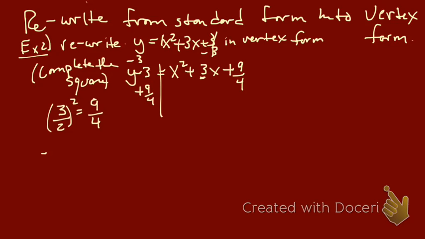Let's do this on the side here. If I have negative 3 over 1 plus 9 over 4, I have to get a common denominator of 4, so I have to multiply this guy by 4 over 4. That's really negative 12/4 plus 9/4. Negative 12 plus 9 is negative 3/4.